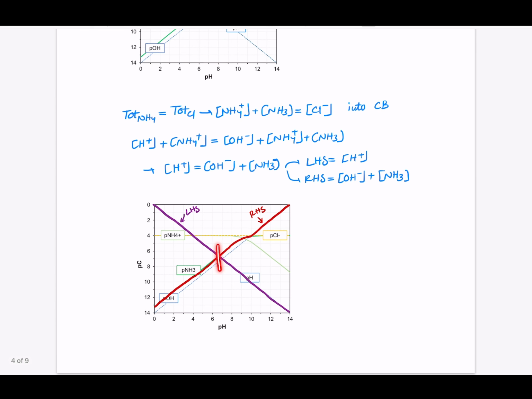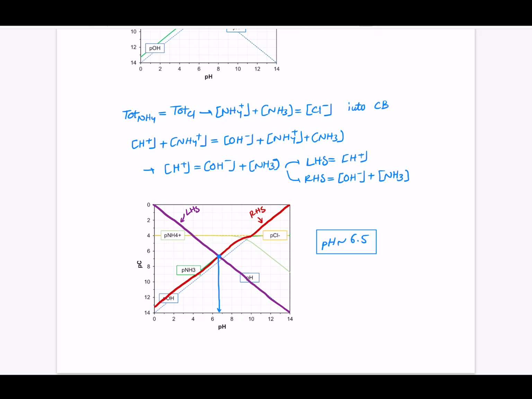And now we have the exact value, a pH of roughly 6.5, because there's just one point and it's visible and it has a high resolution.